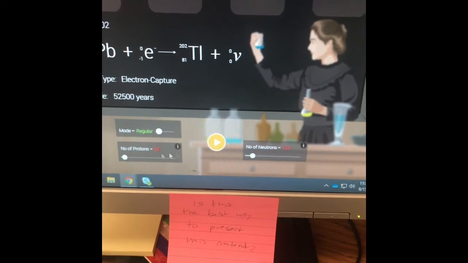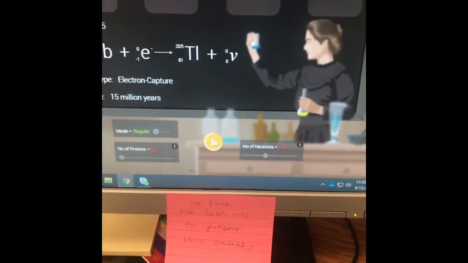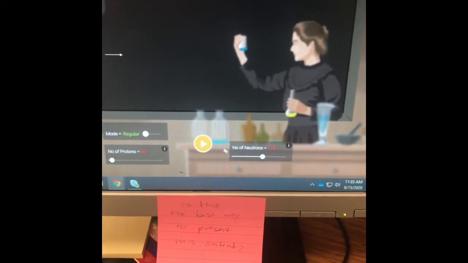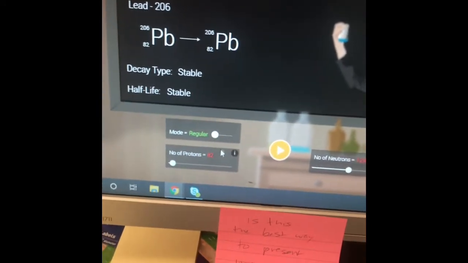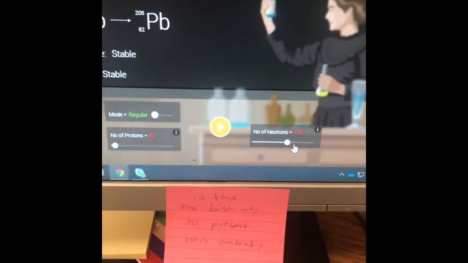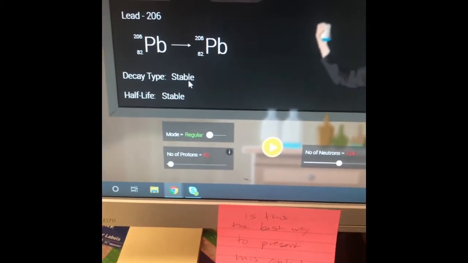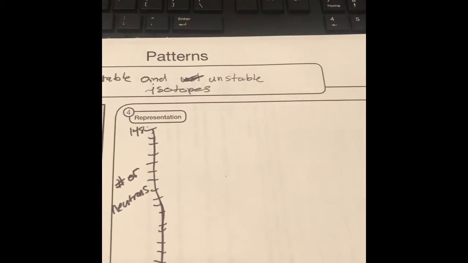So, for example, we look at this isotope right here. Has 82 protons, 124 neutrons. This is known as a stable isotope. So we're going to graph that, we're going to plot that, we're going to find 82 and 124, and we're going to plot that isotope, okay?